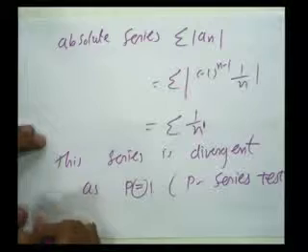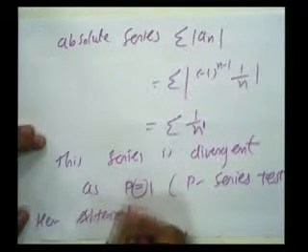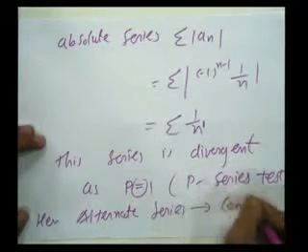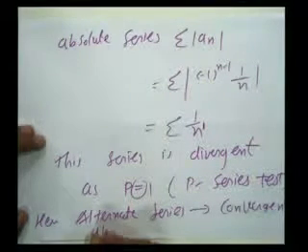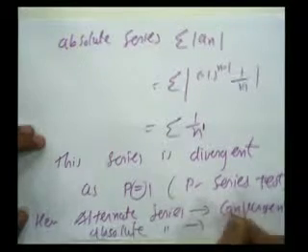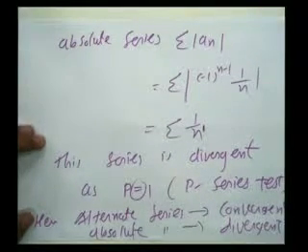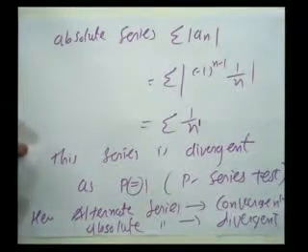Here the alternate series is convergent, and the absolute series is divergent. The alternate series is convergent, but the absolute series for that alternate series is divergent.